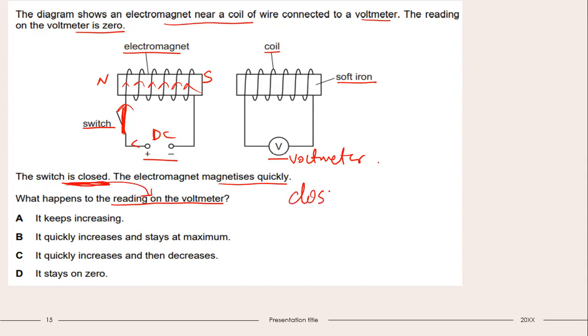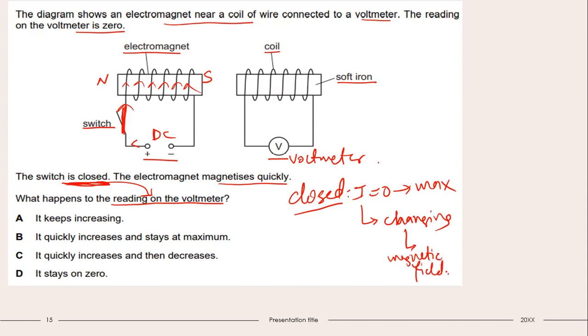When the switch is closed, the current value goes from 0 to maximum. And this means that current is changing. So when current is changing, then you know that the magnetic field also changes. So when a changing magnetic field links the soft iron of the coil, it produces a voltage in that coil.